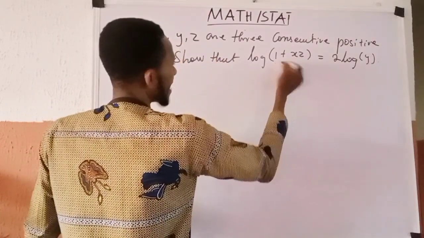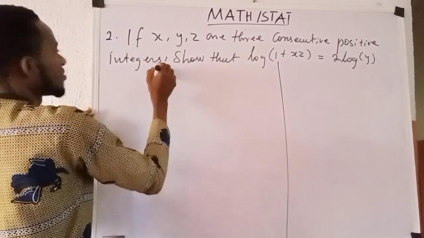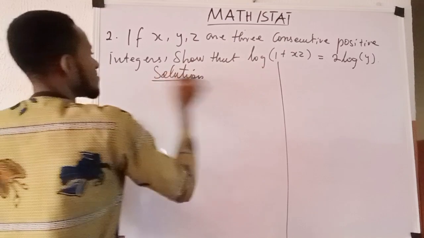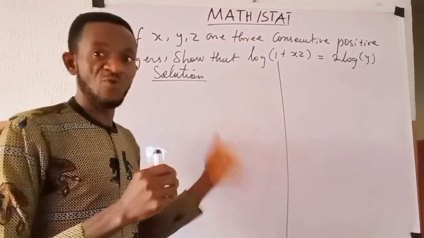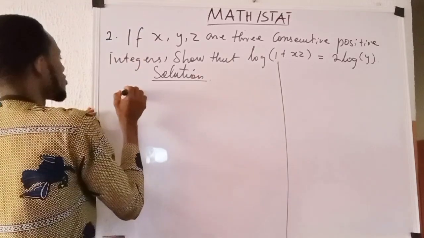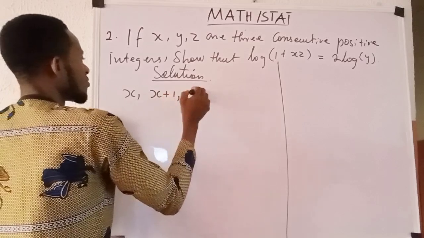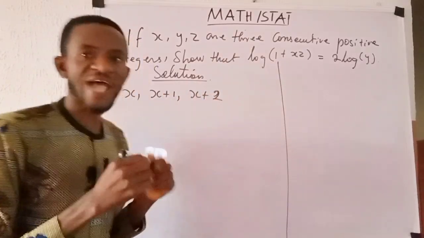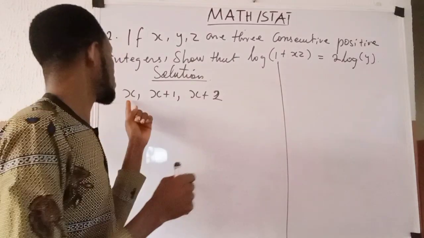Let me divide my line. So I have solution. If you want to talk about 3 consecutive numbers and you want to begin with x, it means that the first number is x, the second number is x plus 1, the third number is x plus 2.